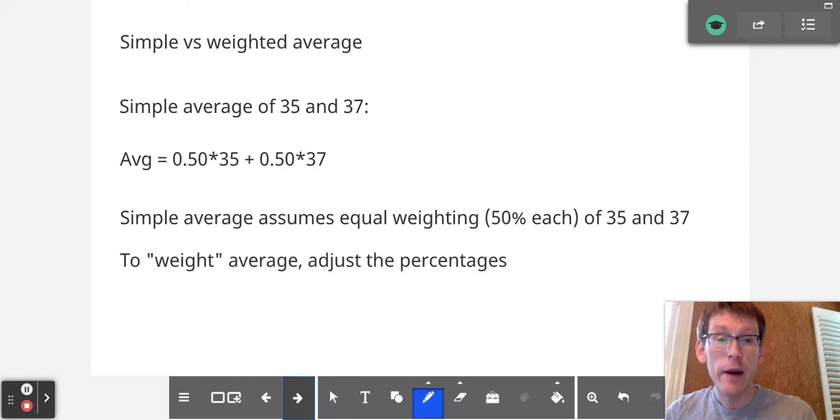Maybe the 35 matters more, so we could make that 0.5 into like 0.6 and the 37 into 0.4. As long as they add up to 1, we're good, right? That's how we can do a weighted average, and you could actually use that to calculate your grade in many classes. You don't necessarily have the same percentage of participation grade in quizzes and tests and homework and so on, right? You would maybe weight one a little bit heavier than the others, right?